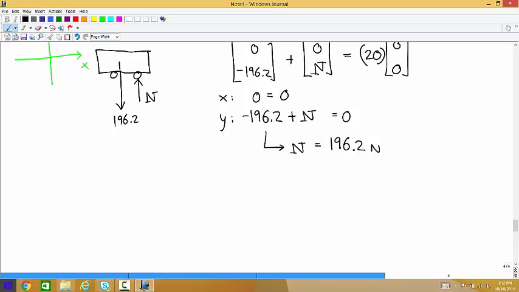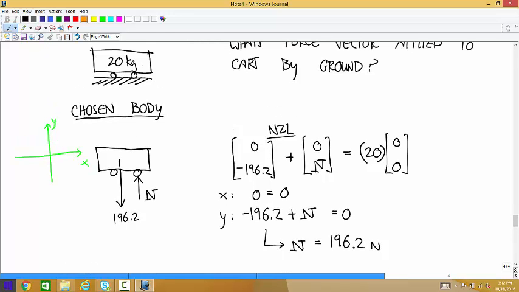And so then the force vector applied to the cart, you can plug this value back into here. So this is the force applied by the ground.